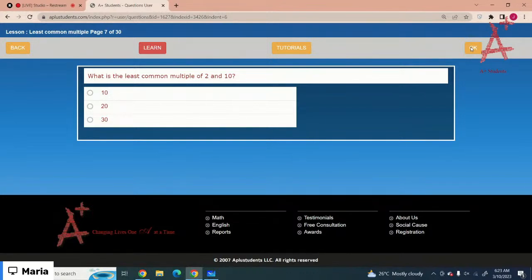So you cannot find their LCM just by multiplying them. So the correct option is 10.